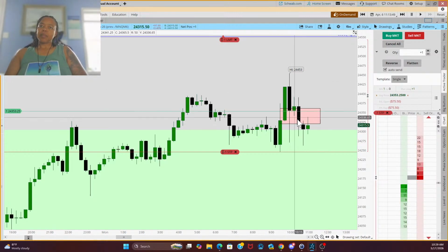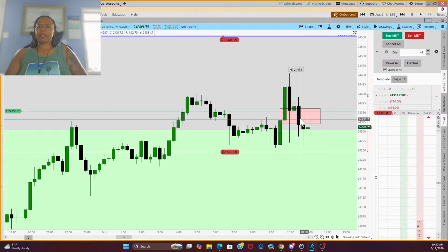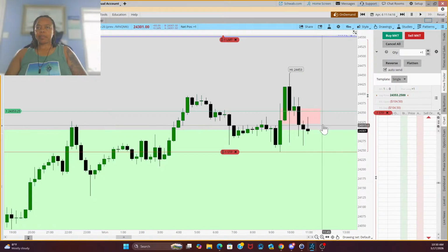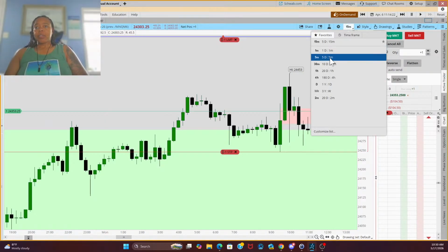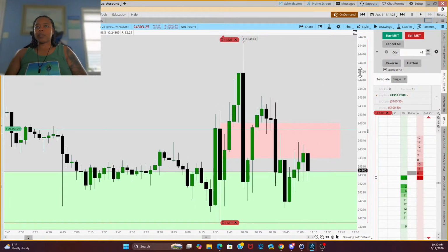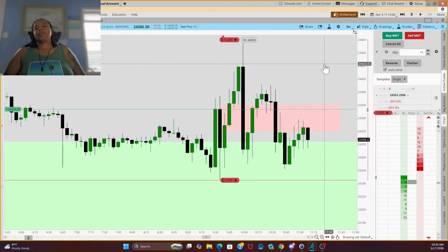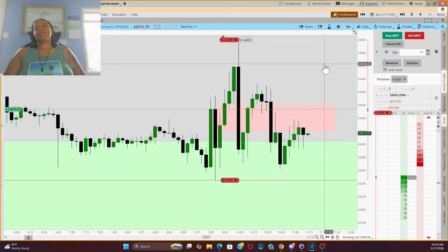Got another 5-minute fair value gap, 15-minute fair value gap here that we've tapped into. And it looks like it wants to respect it, but as we know, until the candle closes, we don't know diddly squat. So all we got to do is wait.